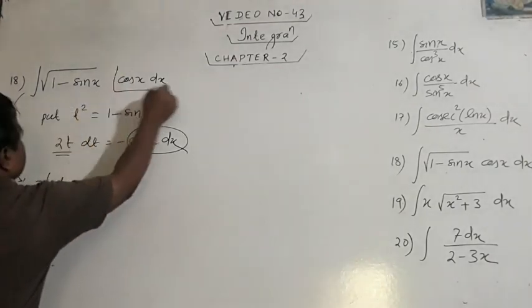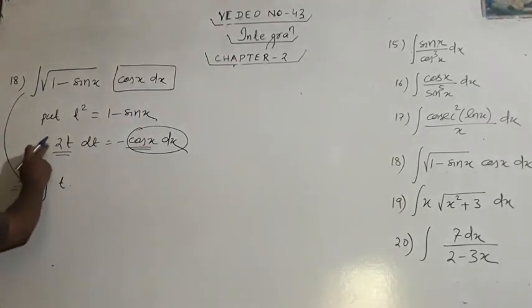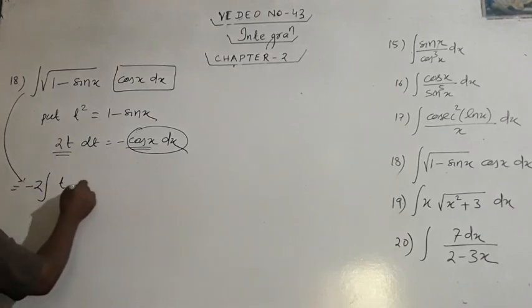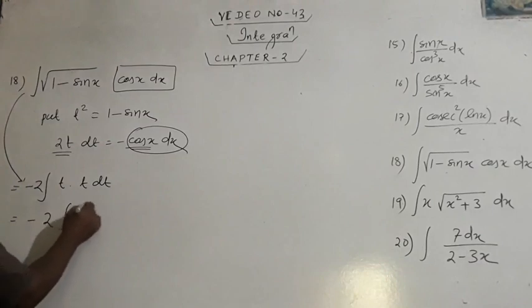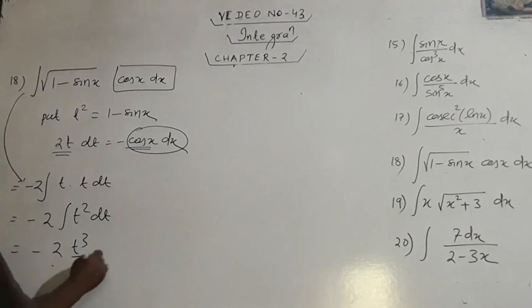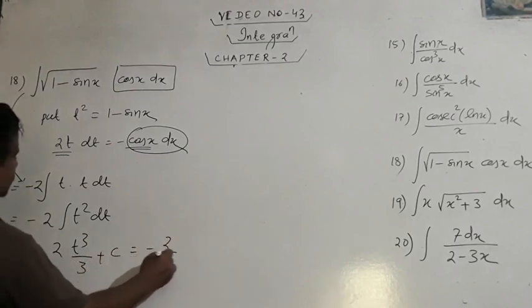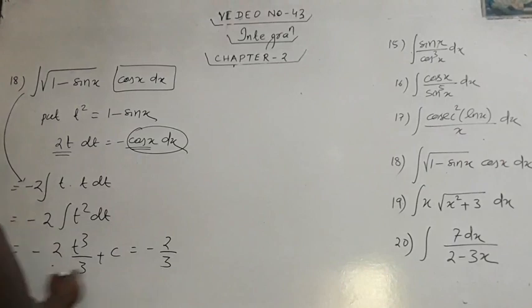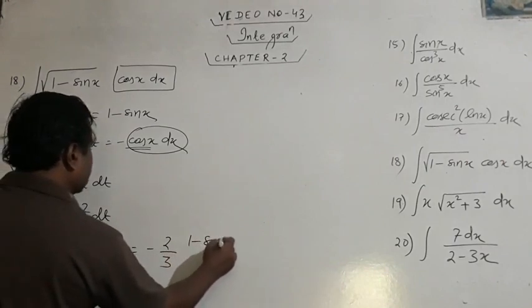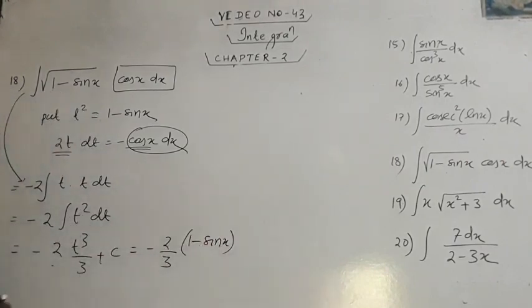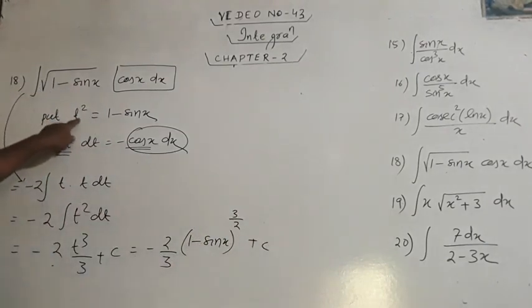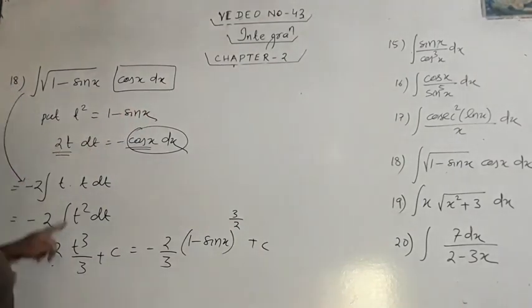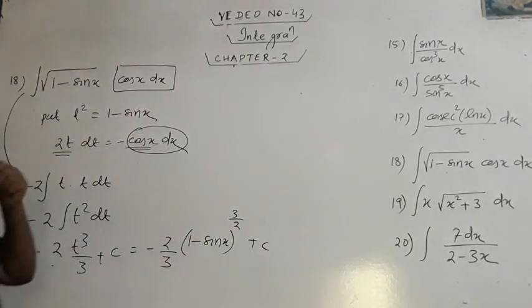So it becomes minus 2 t square dt, whose integration is minus 2 t cubed by 3 plus c, which is equal to minus 2 by 3. And t cubed is what? 1 minus sin x to the power 3 by 2, plus c. As t is equal to 1 minus sin x to the power half, t cubed is 1 minus sin x to the power 3 by 2.